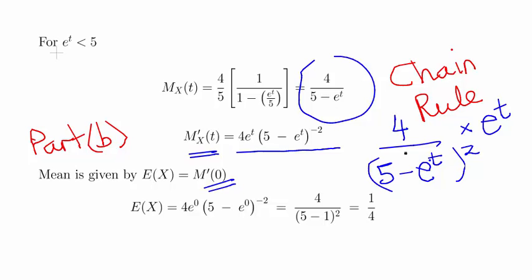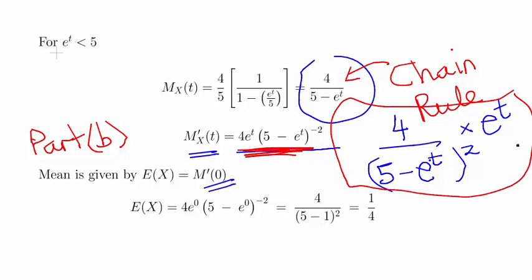That's how we end up at this. As I said before, in a lot of these instances, simple stuff like the geometric series summation, the chain rule, and all those fundamental mathematical equations, definitions and algorithms always come into play. So that is the derivative of the moment generating function, which can also be written like that.